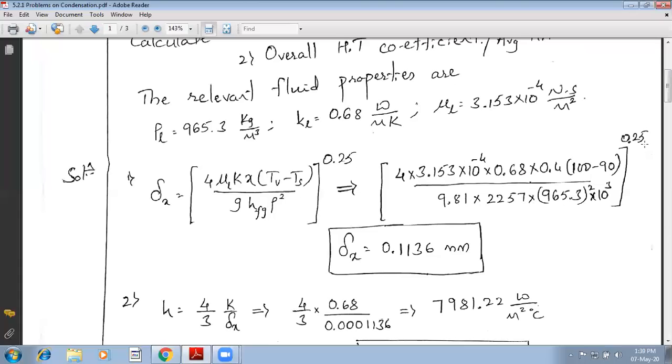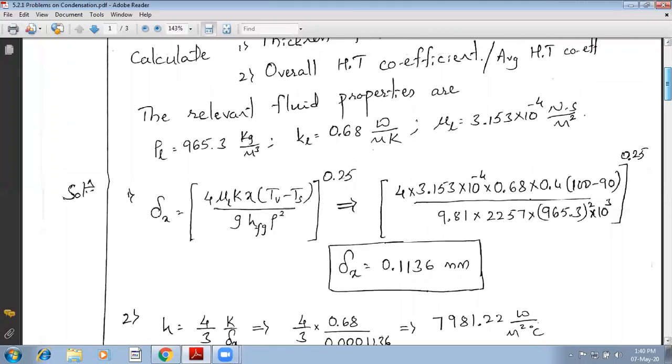If you substitute the values, you will get the boundary layer thickness as 0.1136 millimeter. I'm repeating, the boundary layer thickness is 0.1136 millimeter.